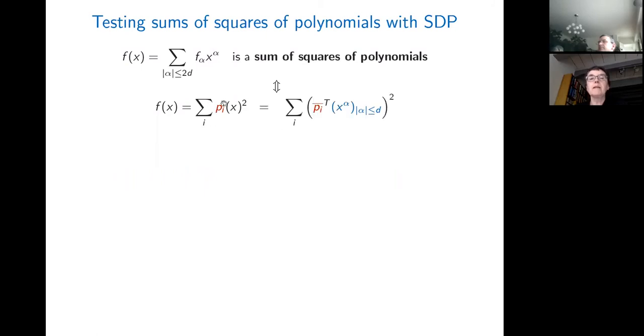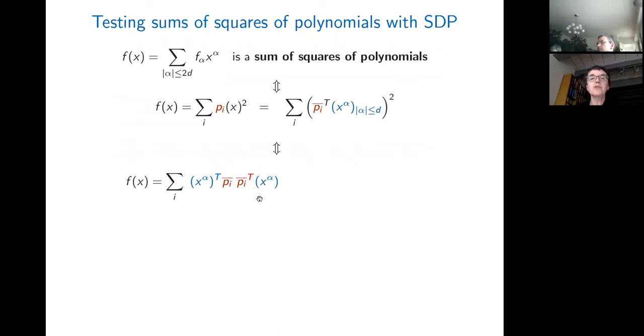And pi is going to have degree at most d. So we can write it as the inner product between its vector of coefficients, this is what I mean with pi bar, and the vector of monomials up to degree d. So here x to the alpha is the monomial x1 to the alpha 1, x2 to the alpha 2, up to xn to the alpha n. And I stack the monomials and make a vector out of it.